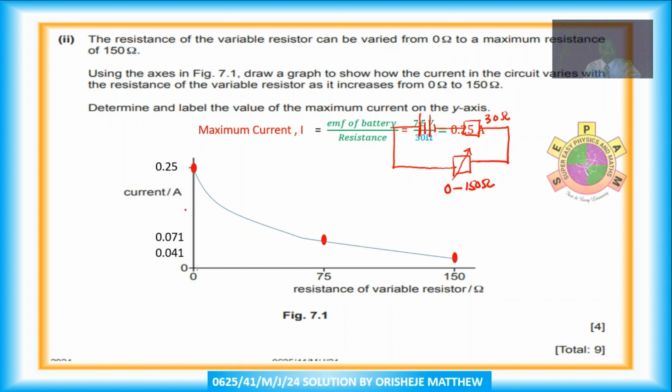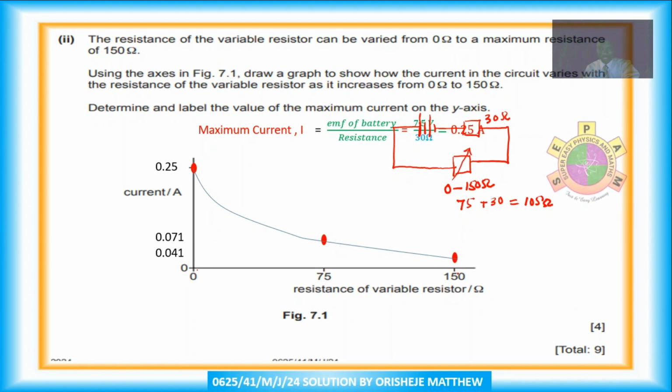Then if the resistance of the variable resistor is now 75, the total resistance in the circuit will now be 75 plus 30, which is 105 ohm. If you use 105 ohm to divide 7.5 volts, that will give you 0.071 ampere.